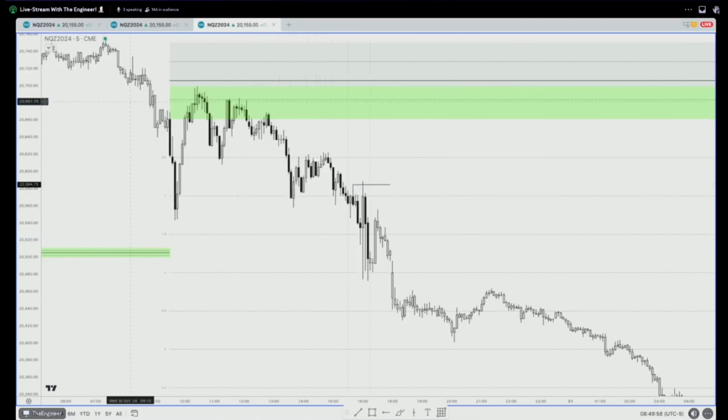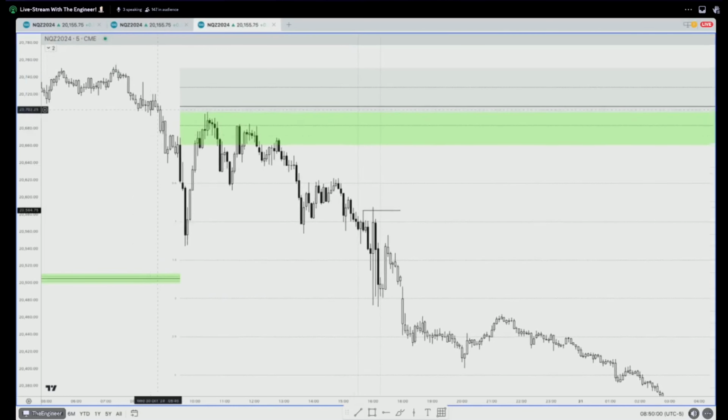After I'm anticipating a high time frame gap, we leave this portion open. This is a bearish confluence that price is not fully rebalancing this gap. So the fact that we are leaving this portion of the gap open tells me that the market is weak, if you want to call it like that.